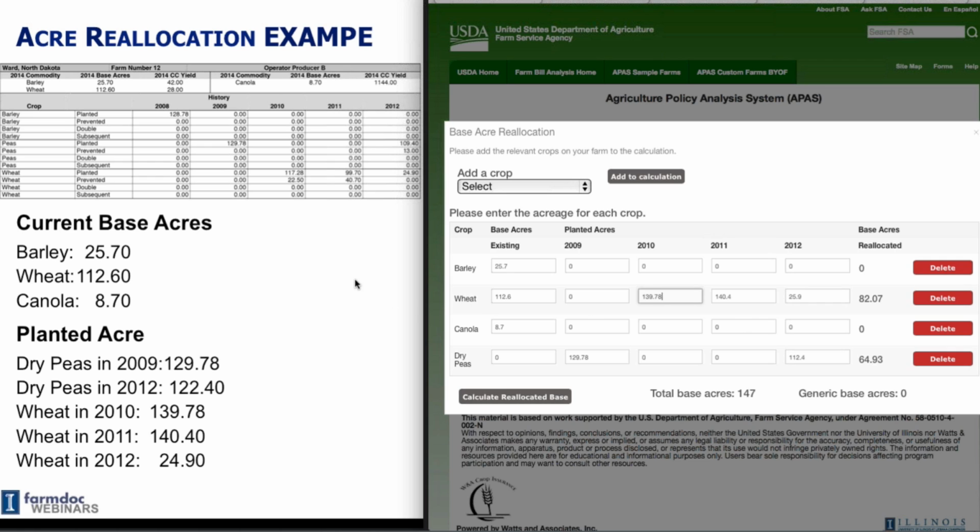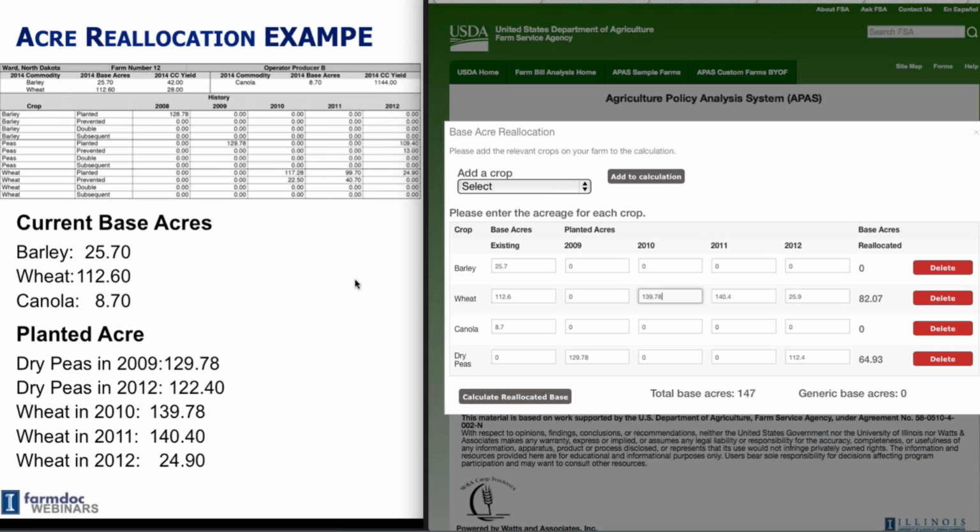Got a question. The question is, this base acre reallocation allows for crop rotation in base acres where the other tool does not. Not sure exactly what they're referring to as the other tool. Maybe payment yields is what they're referring to there.